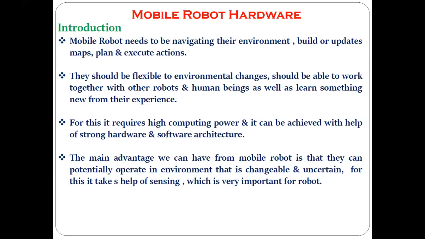Just like a human being has to navigate the environment when he goes to some new location, in the brain of the human being he needs to build maps, make a plan, and accordingly proceed. In a similar way, the mobile robot also needs to navigate its environment, and build and update its maps.